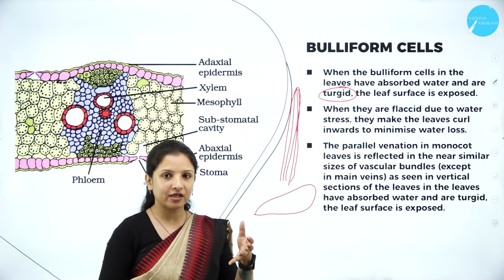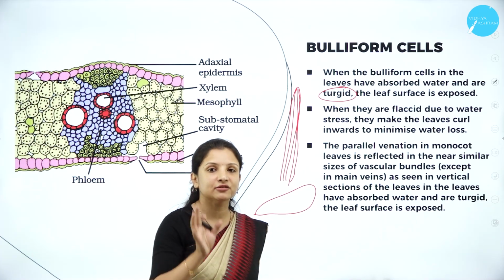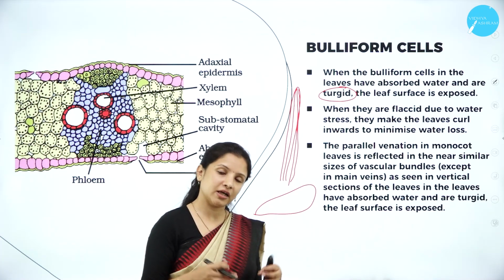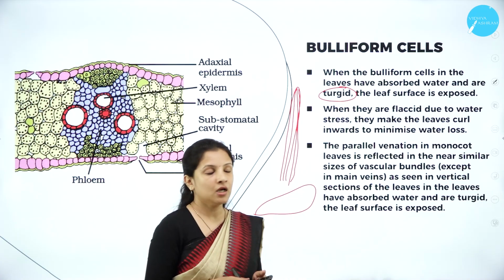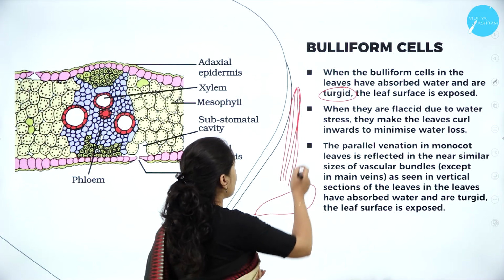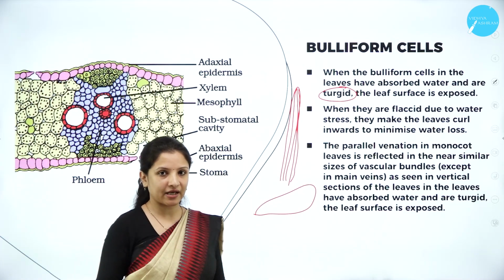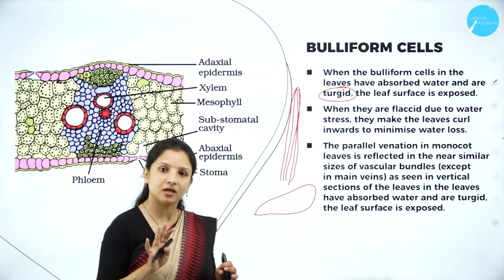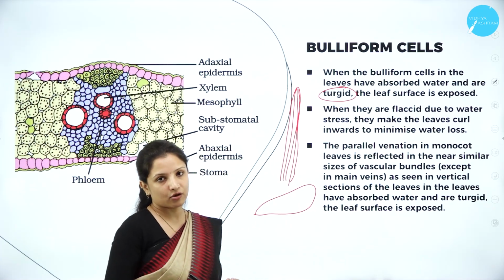During reticulate venation, as the branching of the veins occurs, the size of the veins tends to decrease. Therefore, in dicot leaves, the vascular bundles are of different sizes. But in the case of the monocot leaf, they have parallel veins, which are all of the same size. Therefore, the vascular bundles are also of the same size.